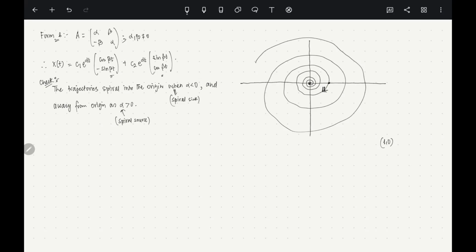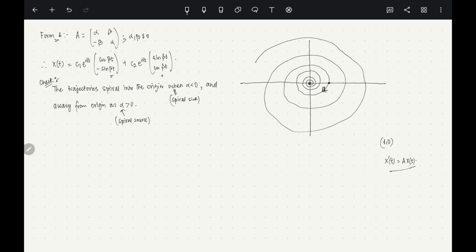If you have a point here, the point will move in the tangential direction, and that is given by the equation. x prime equals A x, so x prime of t equals A of x of t. Let's say t equals 0. At t equals 0, e to the power alpha t is 1, and you can just write down what that point is.